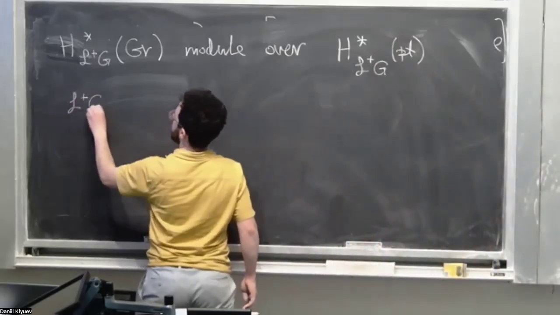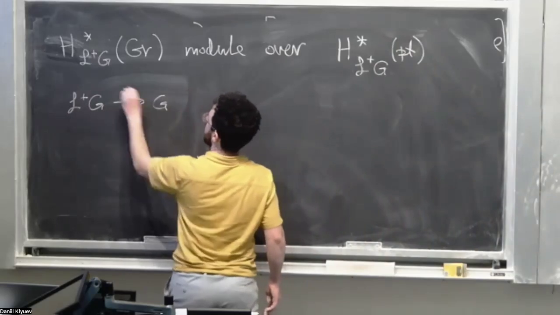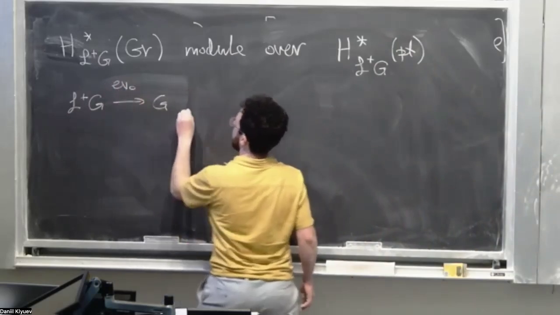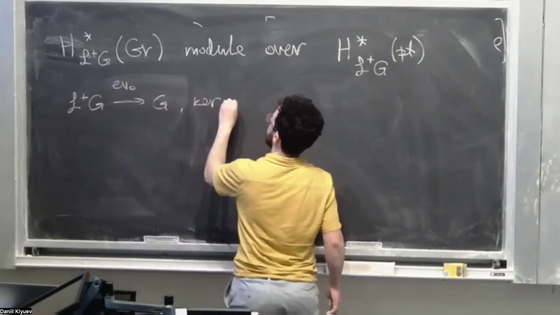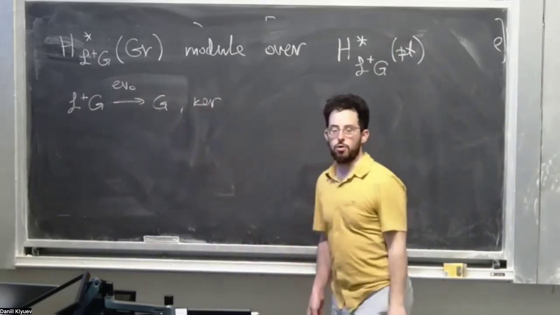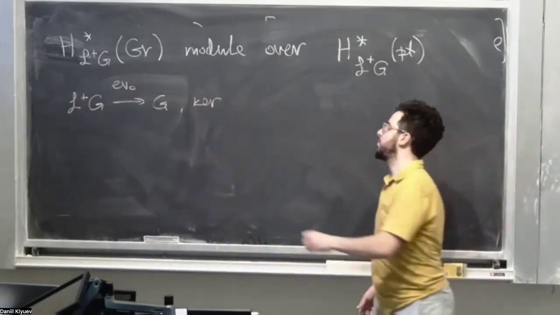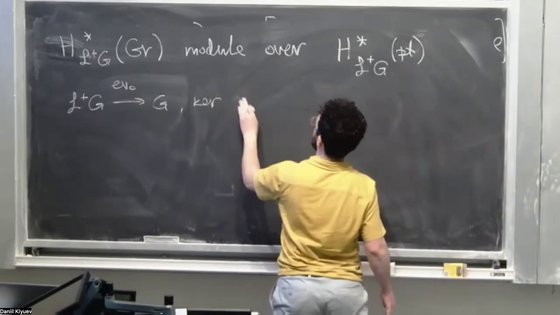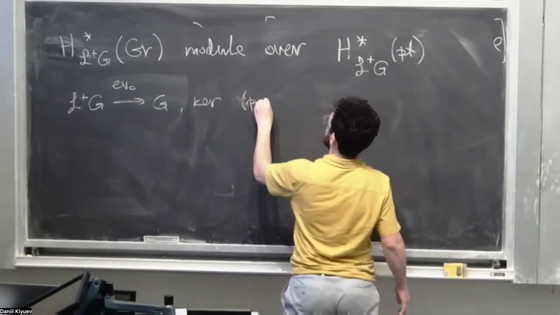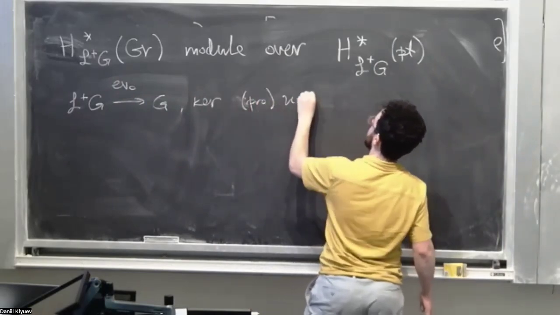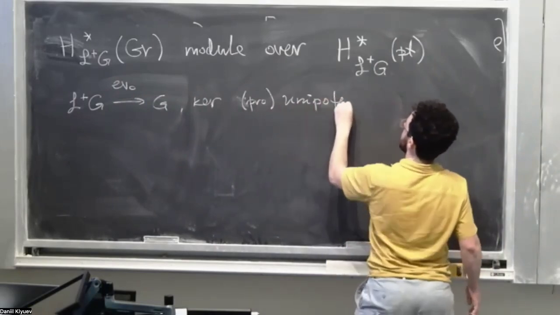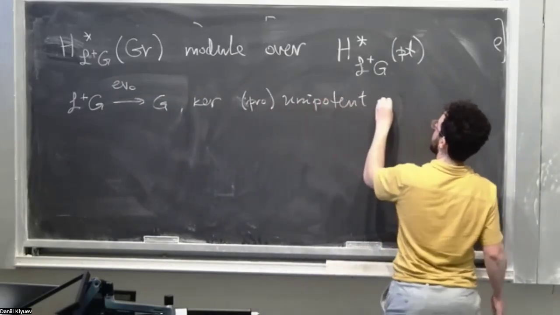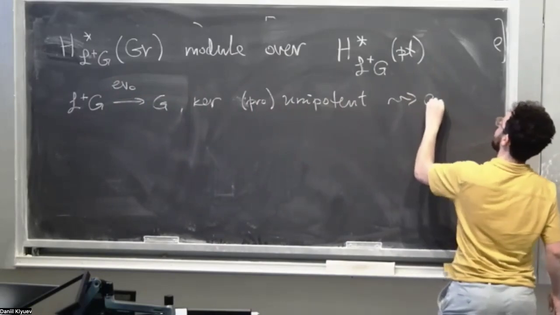We have an evaluation map, evaluation at 0. The kernel is unipotent, or it's like a colimit of unipotent, and therefore contractible.